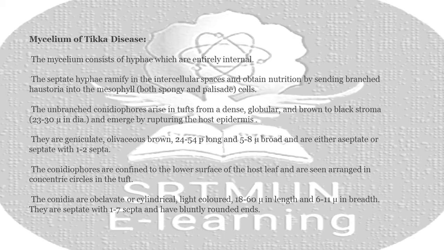Next, they are geniculate, olivaceous brown, 24 to 54 micron long and 5 to 8 micron broad, and are either aseptate or septate with 1 to 2 septa.